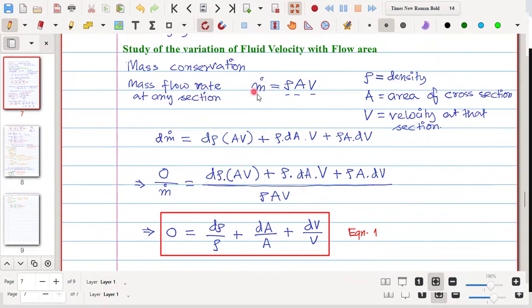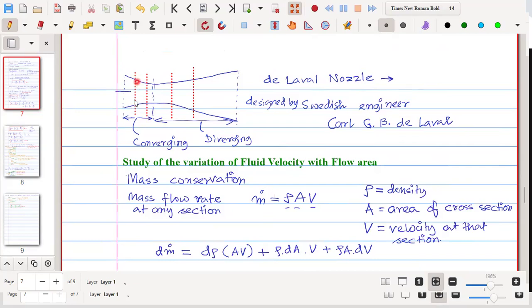Mass conservation is equal to rho A V at any section in the flow direction in the duct. At any section you take, I have taken so many red dotted lines. So you see that at any section the mass conservation is this physical quantity, rho into A into V. A into V is the volume flow rate, and multiplied by rho, it gives you the mass flow rate.